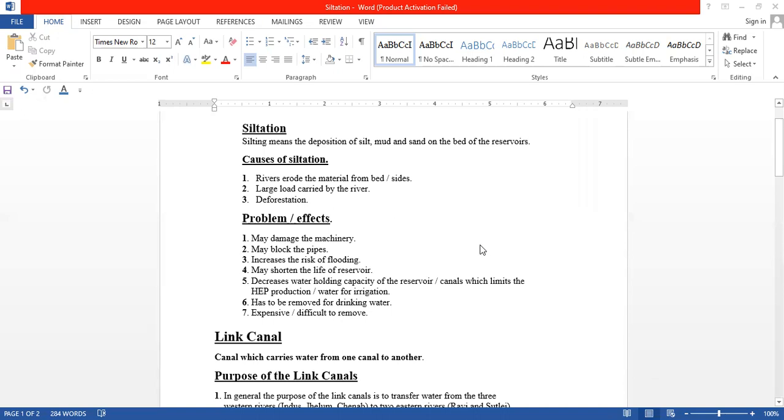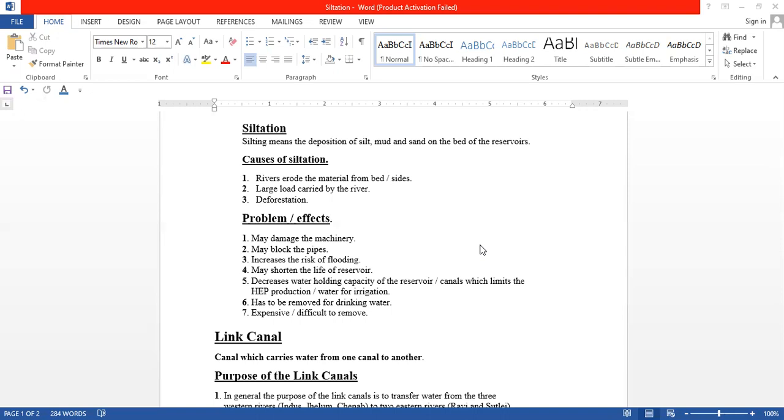But when this material is deposited in a reservoir or in barrages or in canals, it has a lot of problems or effects. First of all, the biggest problem is when maximum silt is stored in a reservoir, that is a dam, it reduces the storing capacity of water.